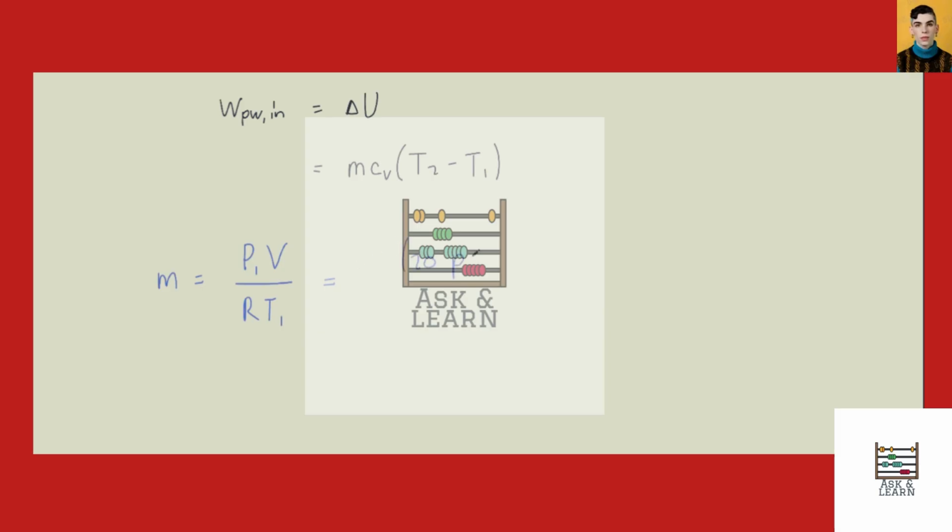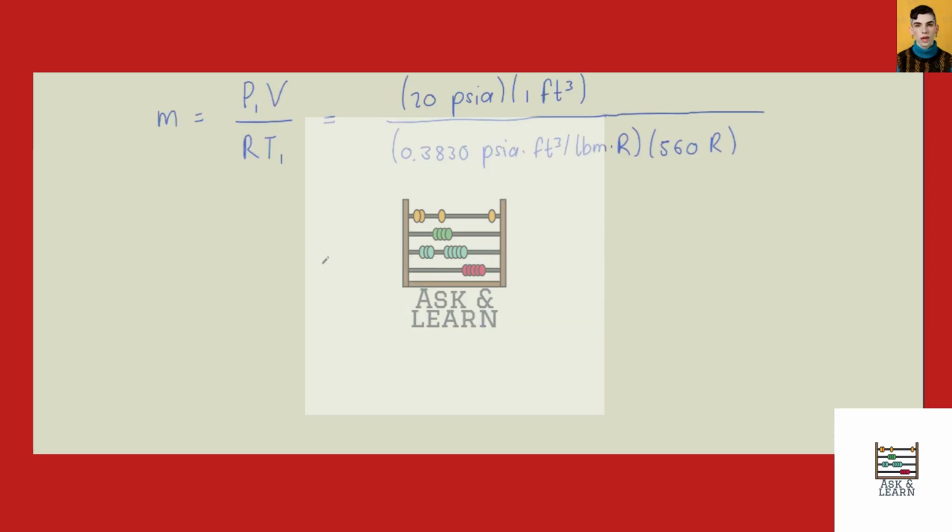So the pressure is 20 psi absolute. The volume is 1 cubic foot, divided by the gas constant R, which is 0.3830, and again that's psi foot cubed per pound mass R, multiplied by the temperature T1, which is 560 R. So now if we do this calculation, we get the mass of nitrogen to be 0.09325 pound mass.